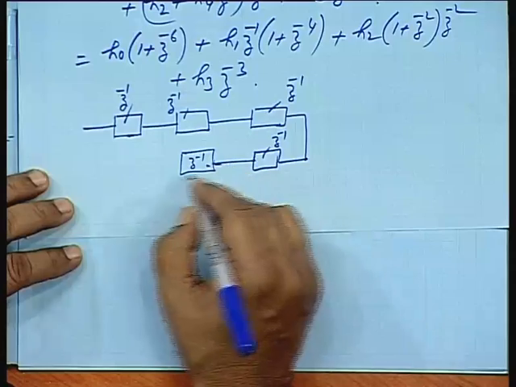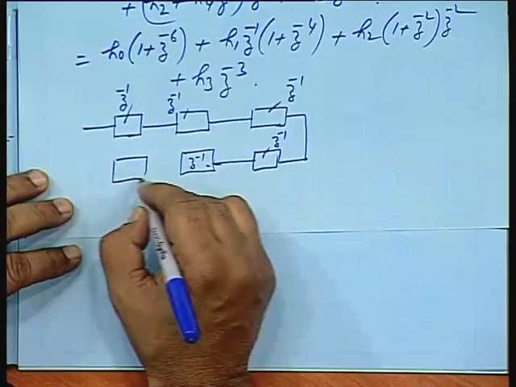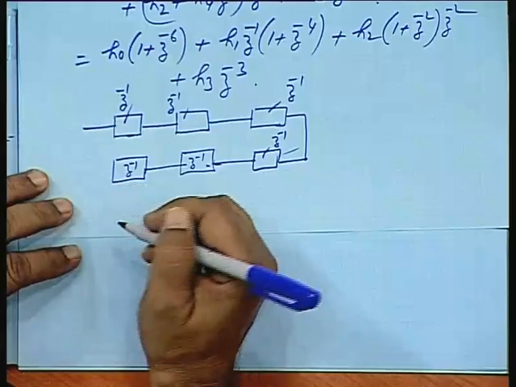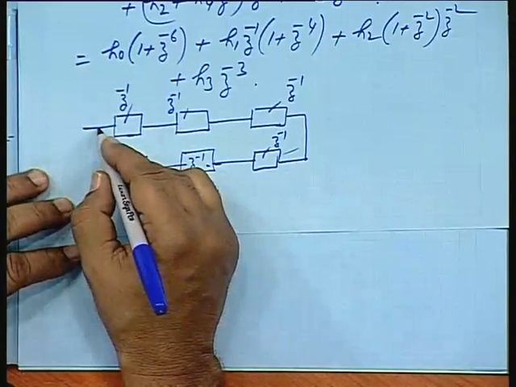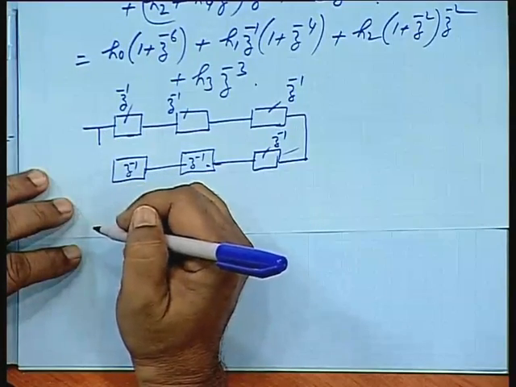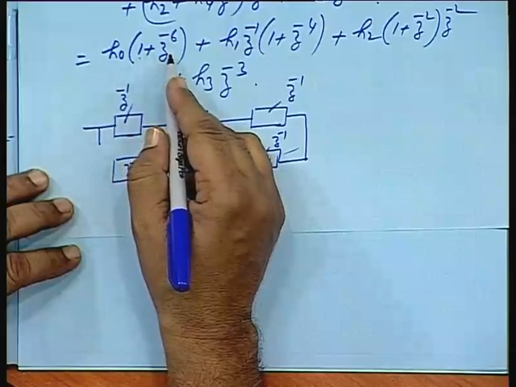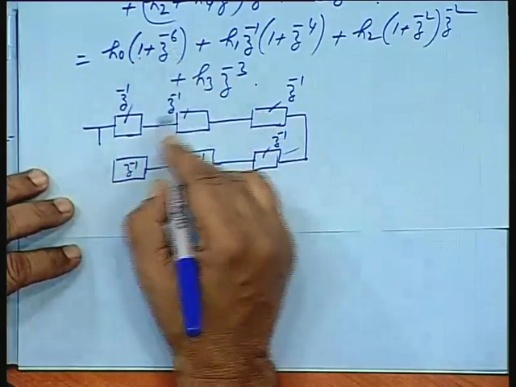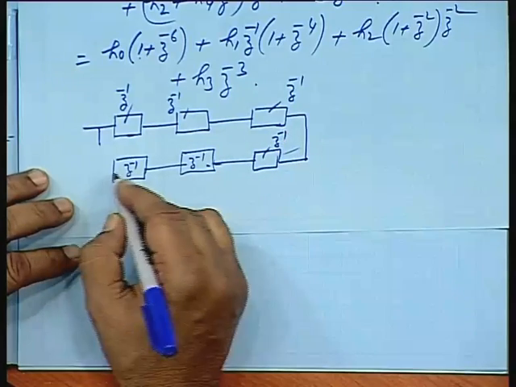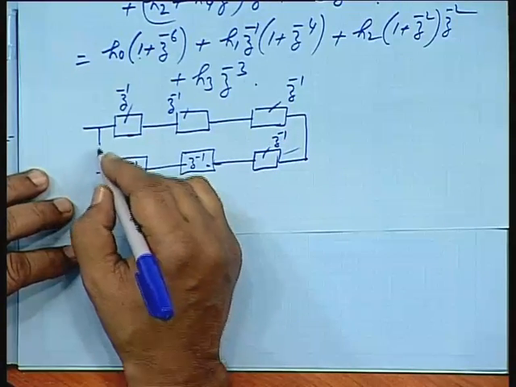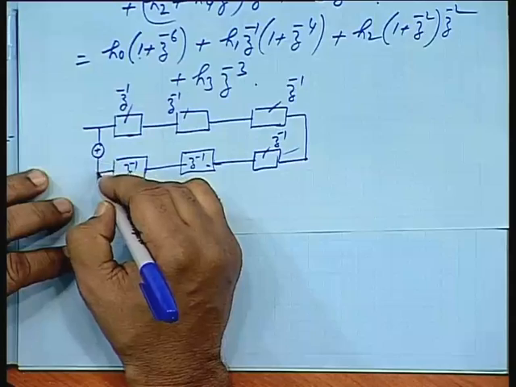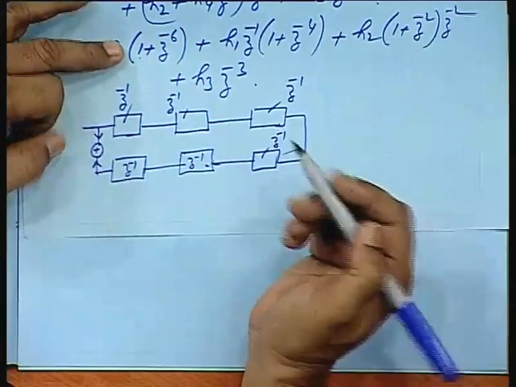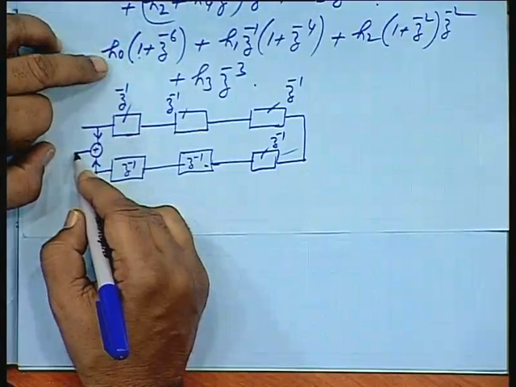I have just put the delay elements in chain. Now, you see what I am doing, you take H0, it has to be added with 1 plus z to the power minus 6. So, there are 6 delay elements. So, I will take the output here, add them together. I have done this addition. Take this out, multiplied by H naught.